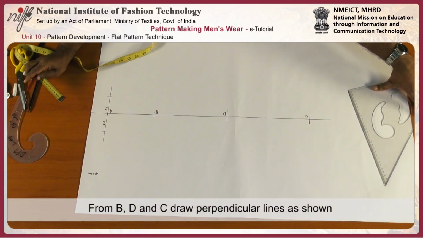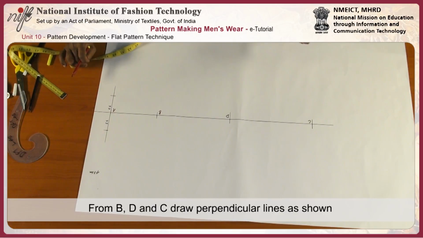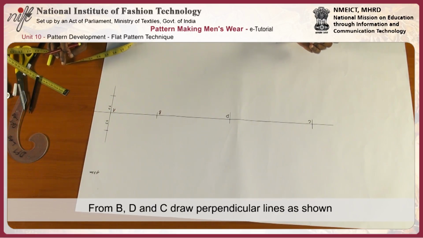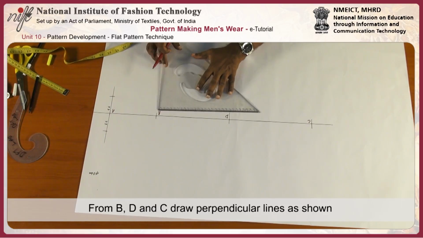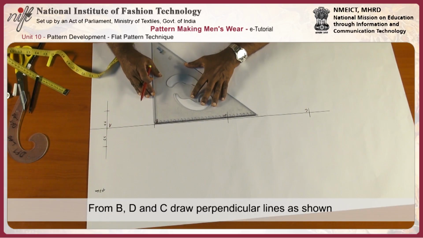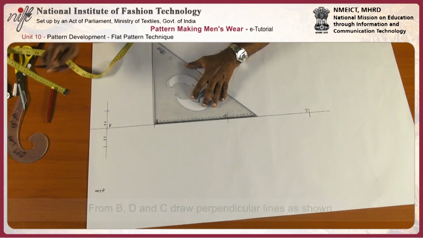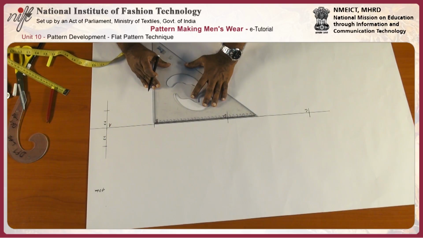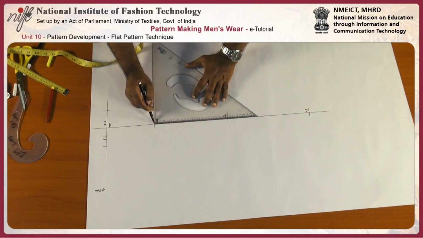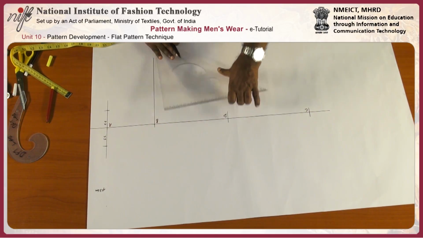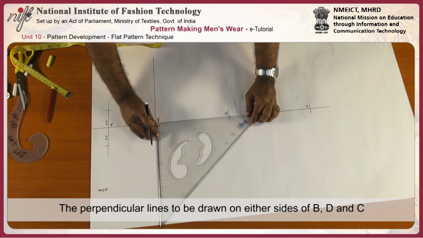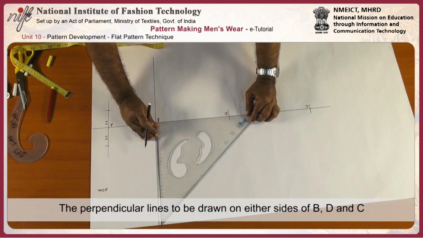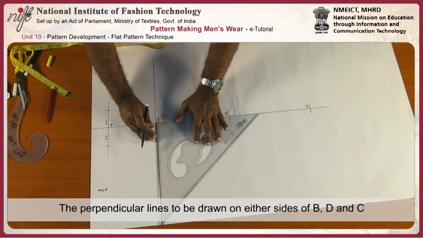Now draw a perpendicular line from point B, D and C as shown in the demonstration. The perpendicular line is to be drawn on either side of the points B, D and C.